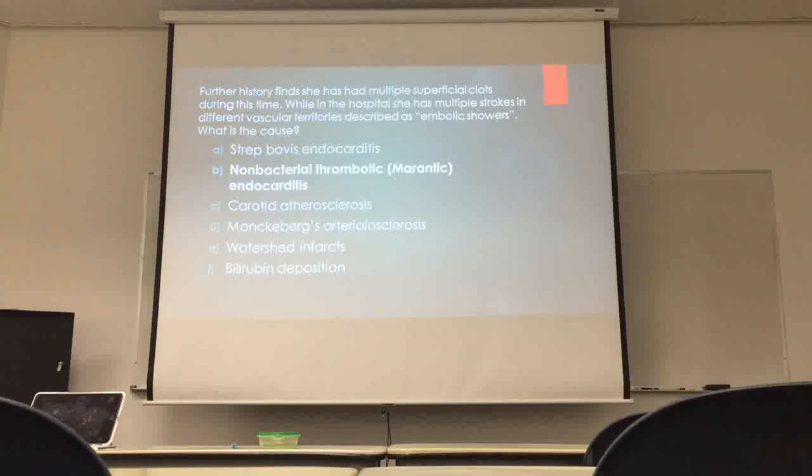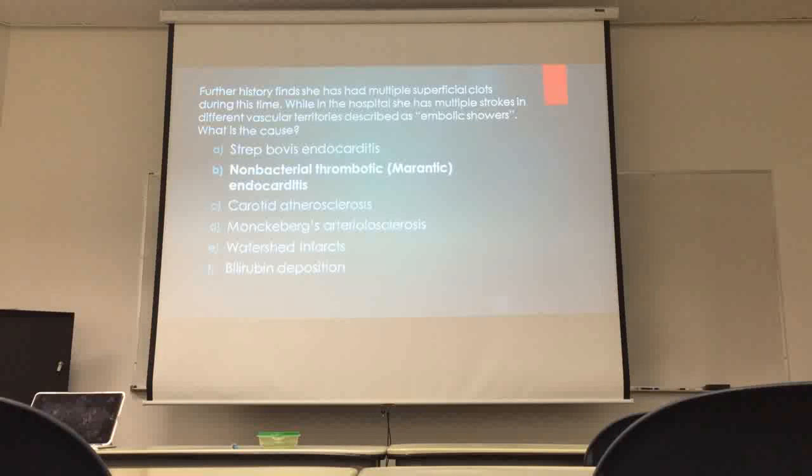So this one's tricky. Strep bovis is colon cancer, but you could get tricked into thinking that it's associated with zoster stuff. Carotid atherosclerosis, why isn't that right? She has cancer. She could have that, but why embolic showers? That would be singular.